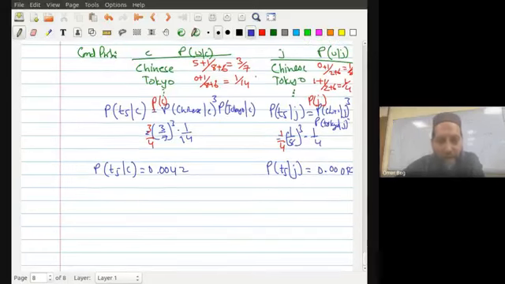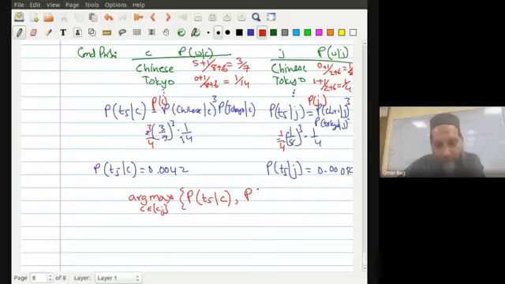So if you take the argmax over the classes from amongst Chinese and Japanese for the probability of T5. This is the set. Let me explicitly state it.